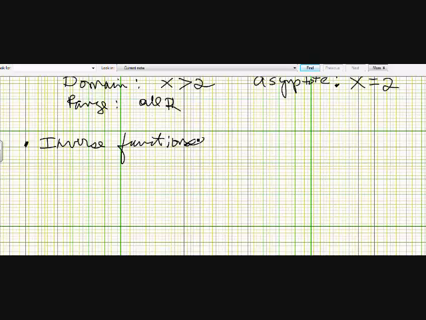So if I want to write a logarithm and I want to write its inverse, let's say I have y equals log base 2 of x. If you ask me to write its inverse, remember when we did inverses, you just switch the x for the y. So this is x equals log base 2 of y.